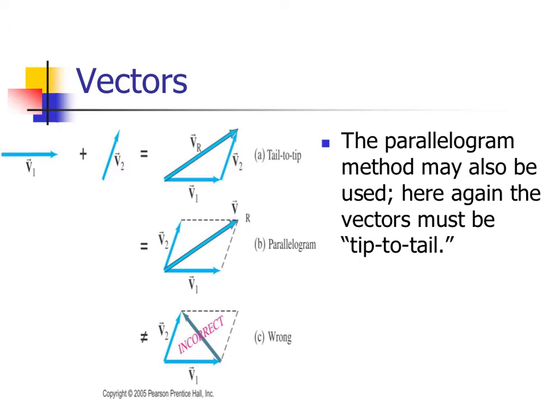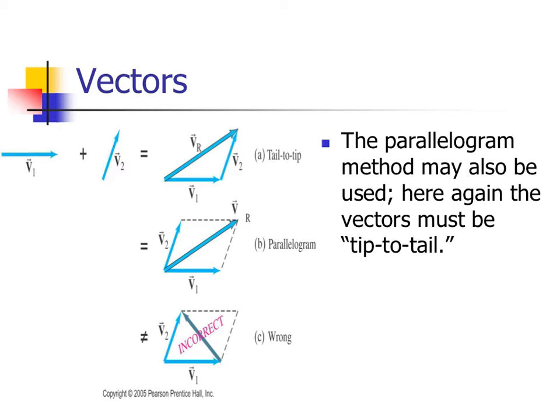When we have vectors, and this will be a common thing, you will have objects being pulled in one direction and then being pulled in another direction, and a lot of times that will make that parallelogram that we have.